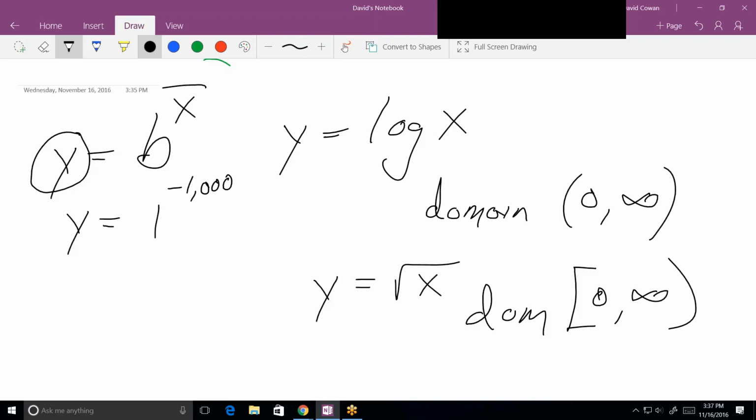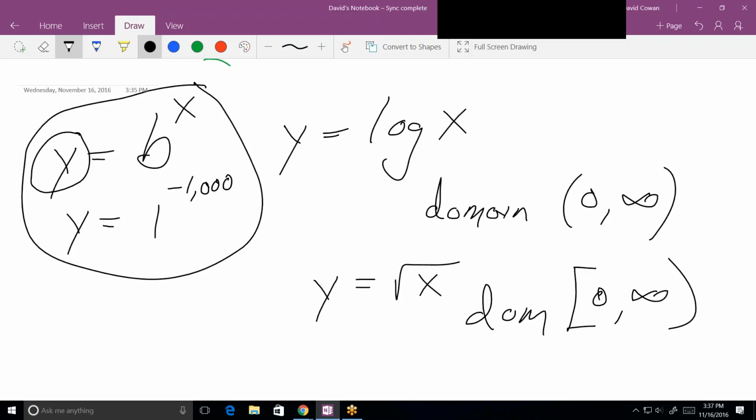And since this is where all logs originate, from that starting point, there's no value of x that makes y negative. I cannot make y negative or 0 as long as b is greater than 0, and that's also part of the premise, that b has to be greater than 0.